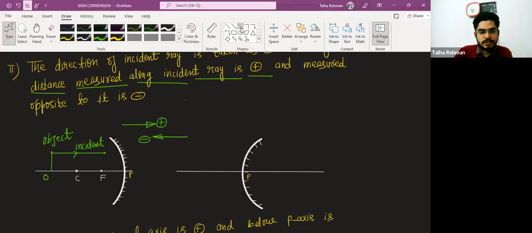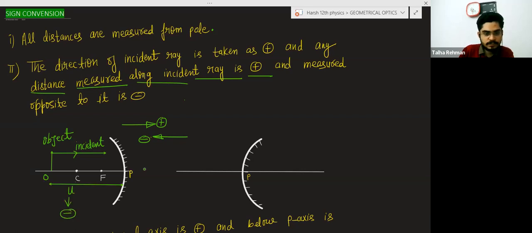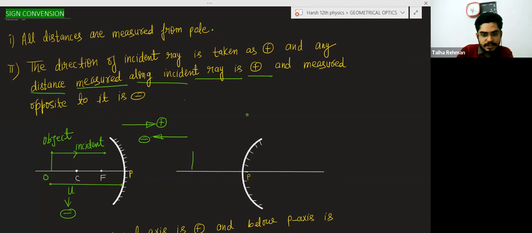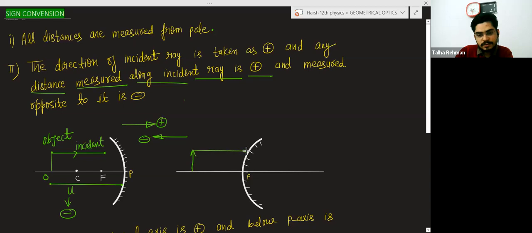So you can say this distance is u, and this u will be negative. For example, if there is an object placed like this, the ray of light will go like this. This is the incident ray.